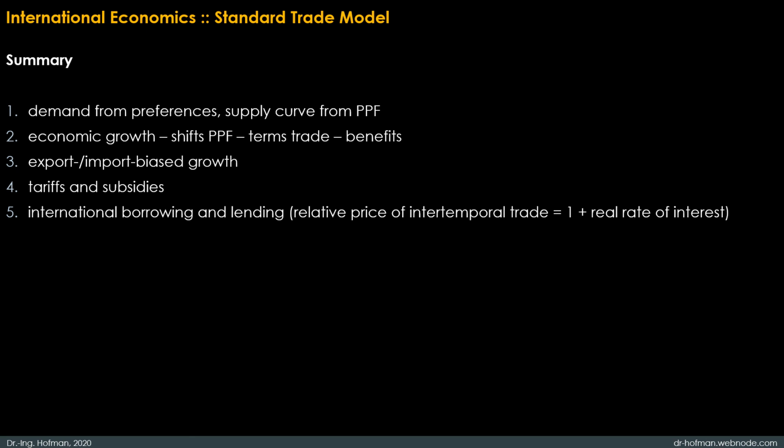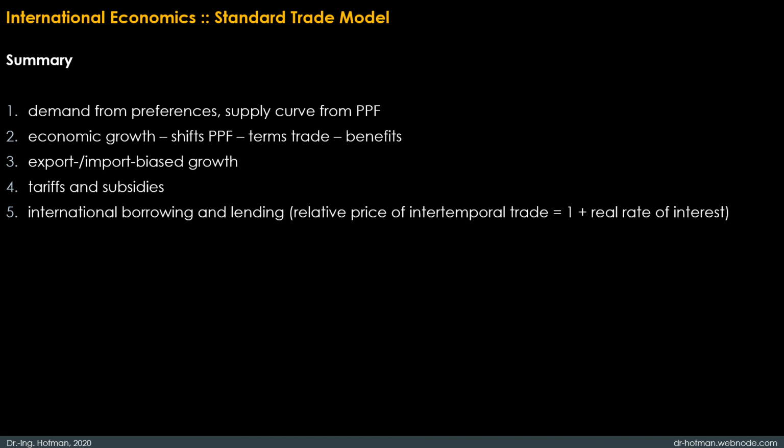Growth that is export-biased, growth that expands the ability of an economy to produce the goods it was initially exporting more than it expands the ability to produce goods that compete with imports, worsens the terms of trade. Conversely, growth that is import-biased, disproportionately increasing the ability to produce import-competing goods, improves a country's terms of trade. It is possible for import-biased growth abroad to hurt a country.